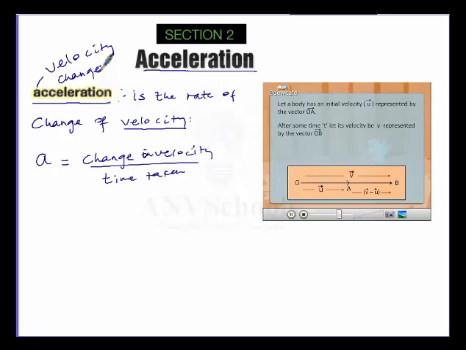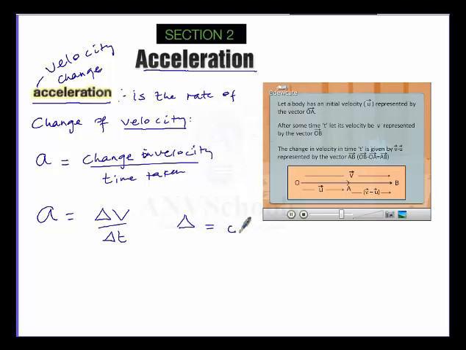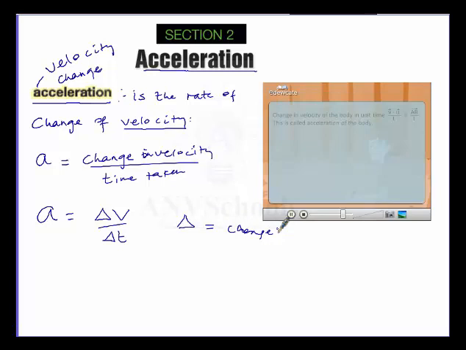The acceleration is defined as the change in velocity, there must be a change in velocity, divided by the time interval or change in time. This symbol is delta, a Greek letter, which means change. So when we have a change in velocity, we have a change in time. For example, the final velocity minus the initial velocity, divided by time.